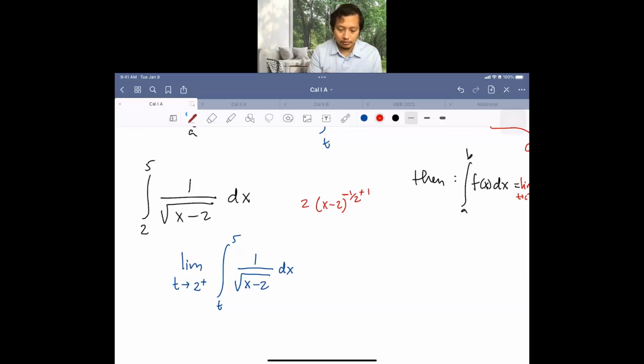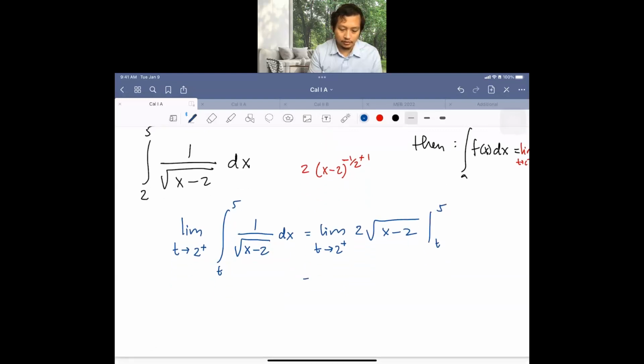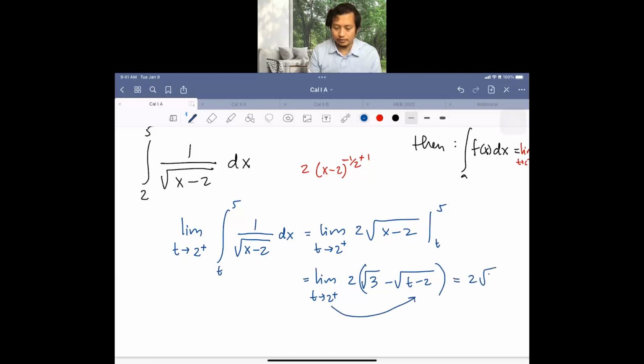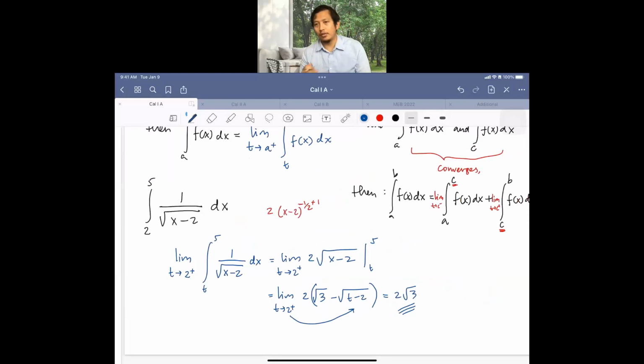So this equals 2 times the limit as t approaches 2 from the right of 2 square root of x minus 2, from t to 5. So we write the limit of 2 square root of 3 minus square root of t minus 2. This goes to 0, so we have 2 square root of 3. Okay, just a small example.